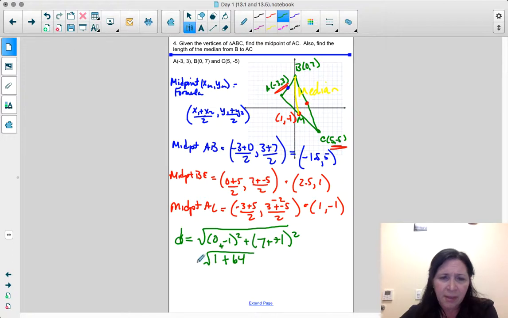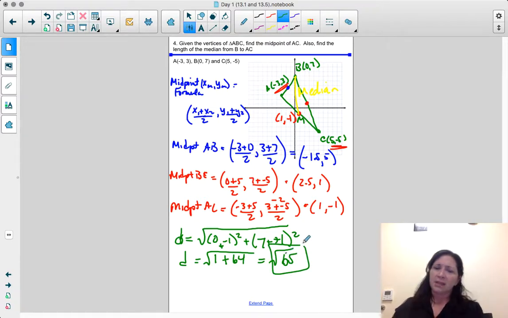So keep in mind that that's the square root of that. So the distance of that length from B to M is the square root of 65. And if you had to approximate that length, it's going to be about 8.1, because that's like the square root of 64 plus a little bit.